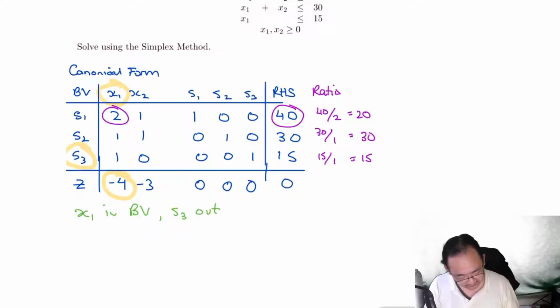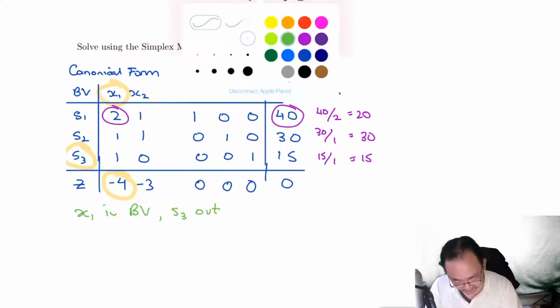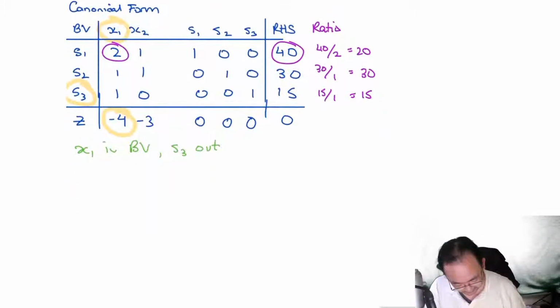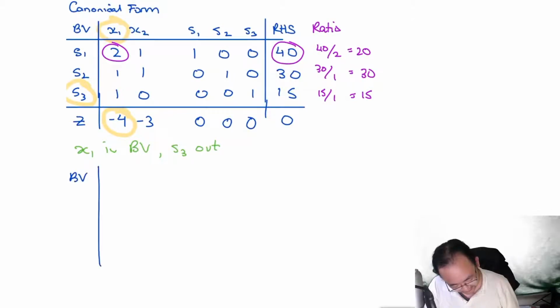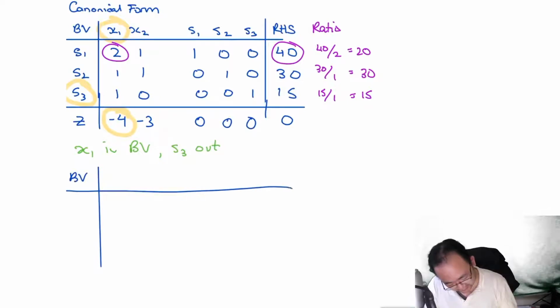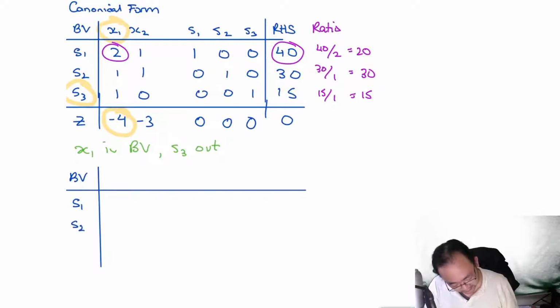Okay, now, as I said before, we need to pivot. So let's rewrite the tableau. We've got the basic variables, and I feel like I should just copy the tableau next time rather than rewriting everything, but since I'm going to be doing some calculations, it's probably not as feasible. So we're replacing s3 by x1, so I put x1 here, and now notice that the x1 row already has a 1 here, so I don't need to divide.